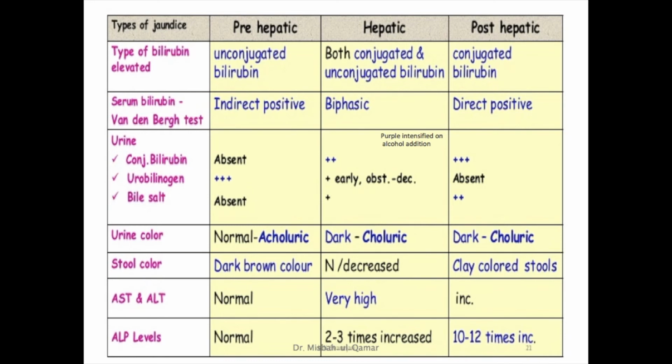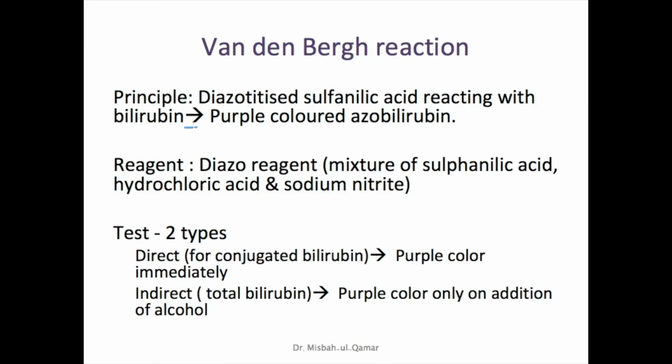So memorize this chart, which will help you in differentiating different types of jaundice. The Van den Bergh reaction is a specific test for the identification of increased serum bilirubin levels.